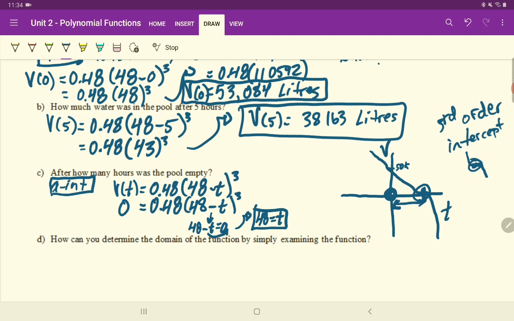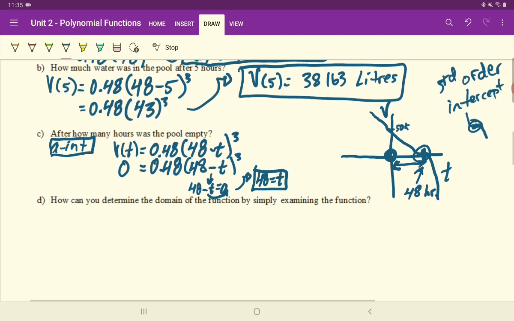So you get the whole right side equal to 0 if t is 48, okay? So that value there is 48 hours. So then, of course, write your therefore statement: after how many hours was the pool empty? After 48 hours.